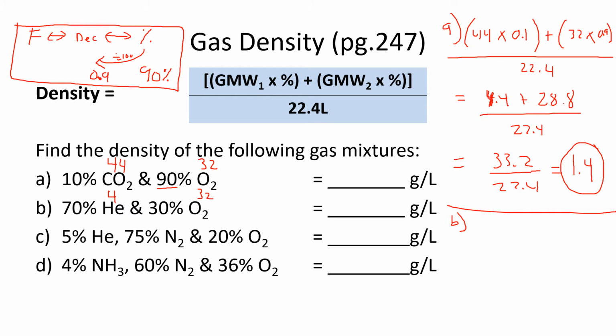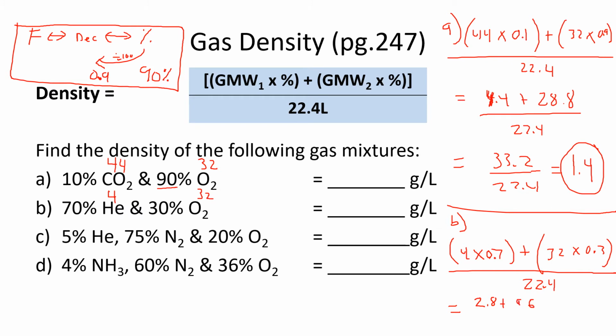So let's plug that in. We have 4 times 0.7 plus 32 times 0.3, all over 22.4. Then all you do is simplify from that point. So we have 2.8 plus 9.6 over 22.4.